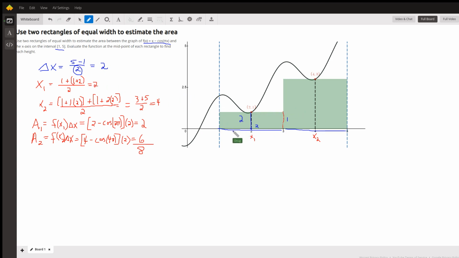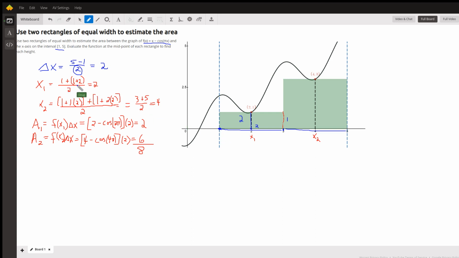Well, you could just figure out if I start at 1 and add on 2, I end up at 3, and the midpoint of the segment with endpoints 1 and 3 is 2. Another way to think about it is if I start at the left-hand endpoint and don't add on any widths, I start there at 1.